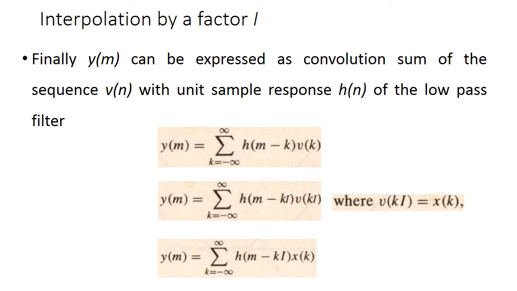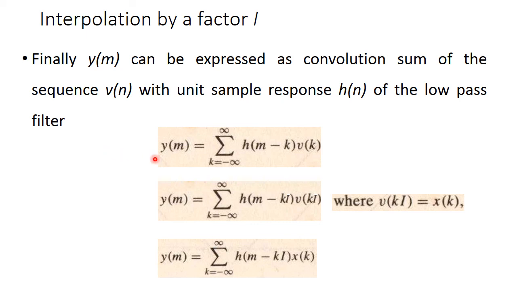Since the final output y of m is taken from a low pass filter, it is a convolution of the sequence coming to the low pass filter and its response h of n.